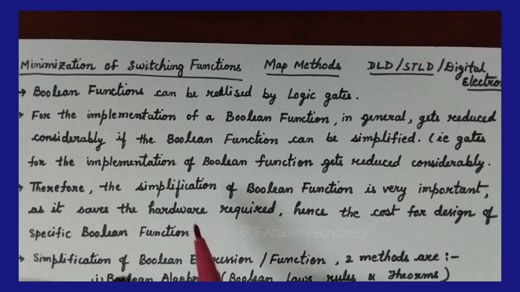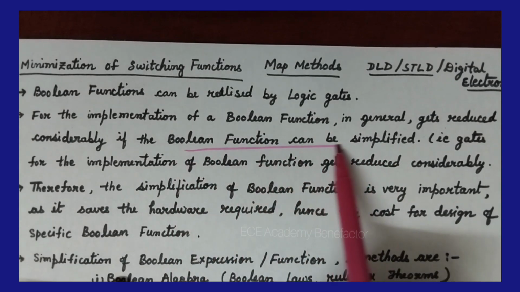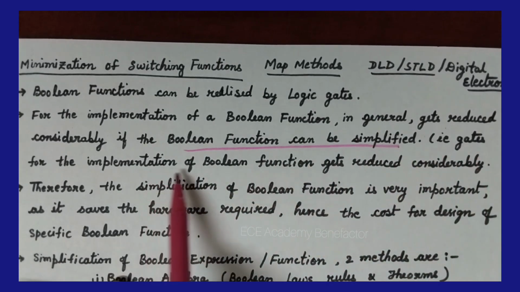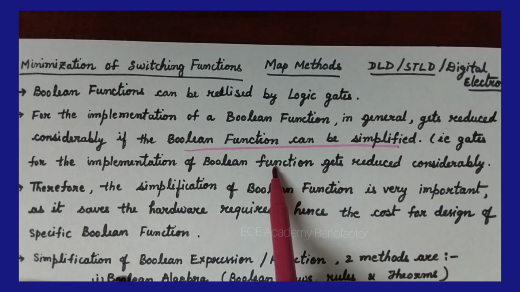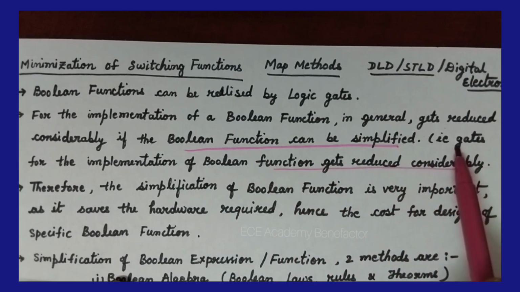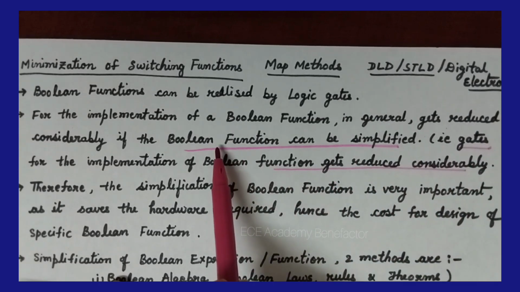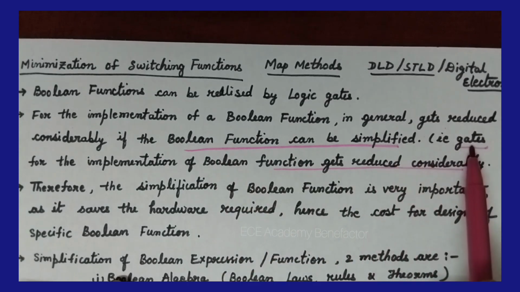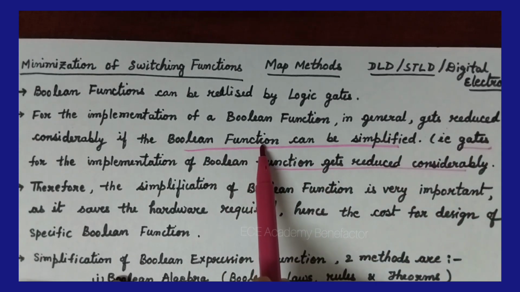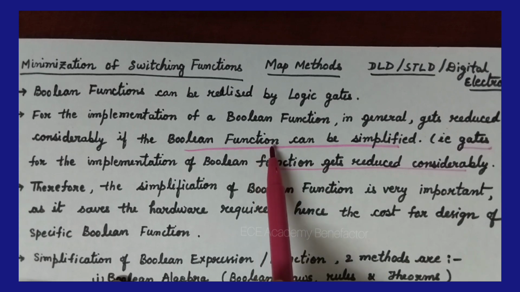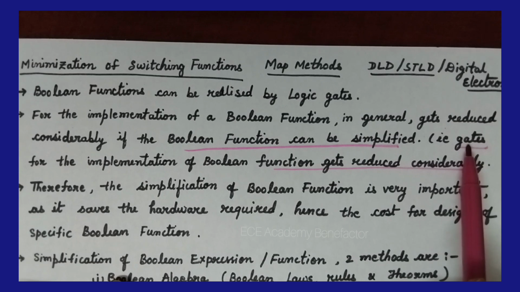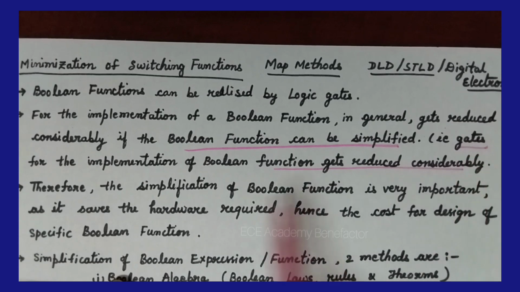If the given Boolean function is simplified, the gates for the implementation get reduced considerably. So why do we need to reduce the Boolean function? To reduce the number of gates used for implementing the Boolean function. That is the reason we need to simplify the Boolean functions.